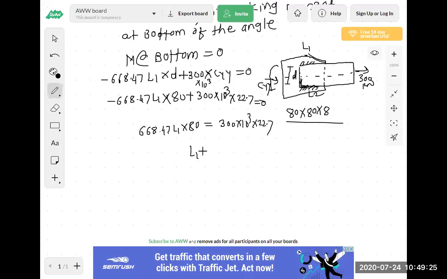Now calculate L1. L1 is equal to 300 into 10 raised to 3 into 22.7 divided by 668.47 into 80. So calculate L1.